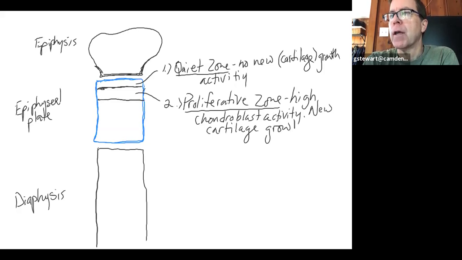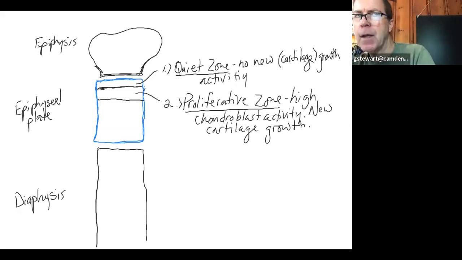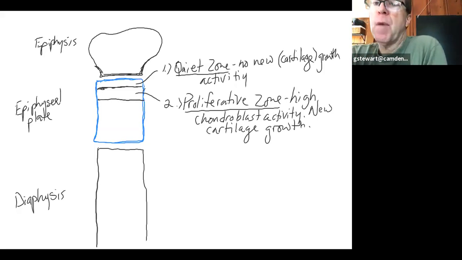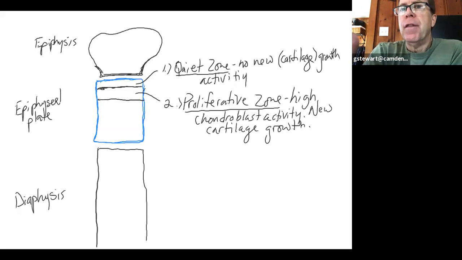So let's say we're talking about a child that's anywhere, it doesn't matter, from 8 to 12 years old. Their growth plate, their epiphyseal plate, a lot of new cartilage is being laid down in zone 2, and it pushes upward on the quiet zone like this.